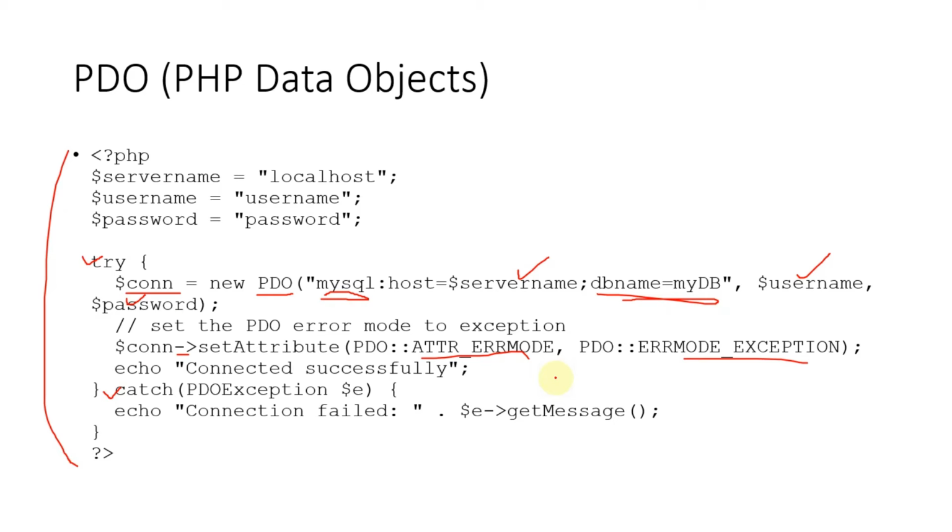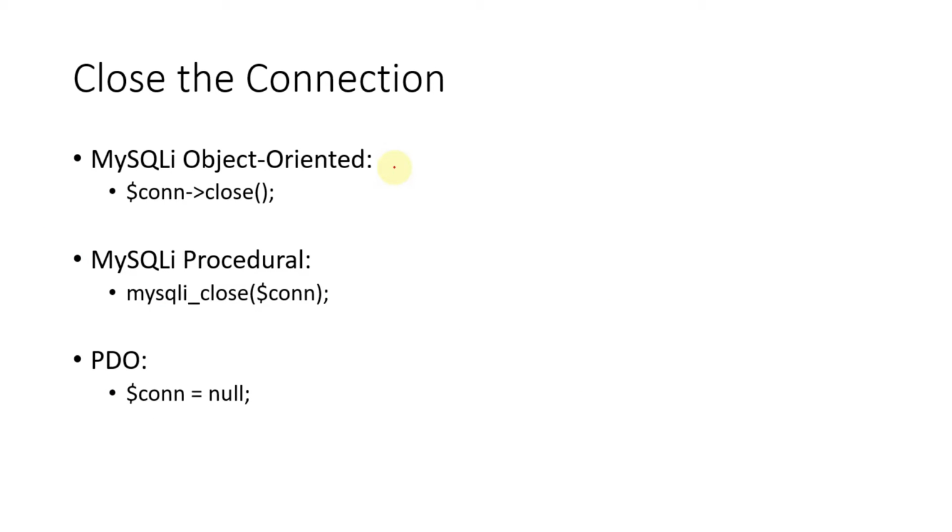So with the help of this code we can connect our database with our application by using PHP, and in case there is an exception or error, then we will get connection failed plus a message of that error generated by that exception. Once the connection has been created, it must be closed.